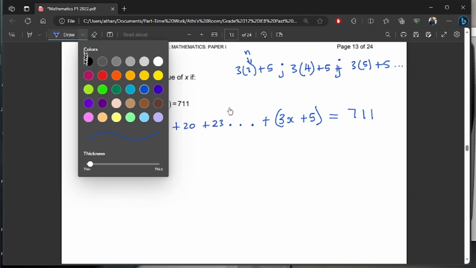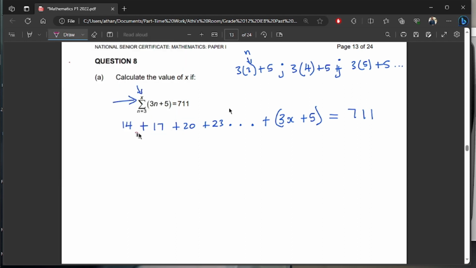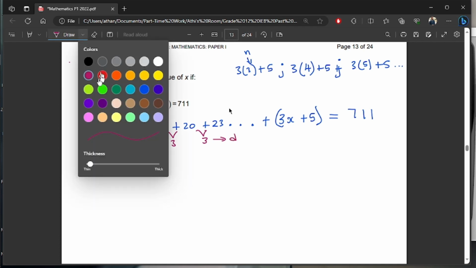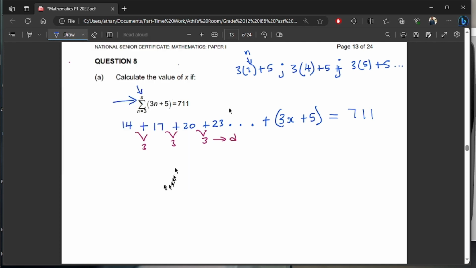Firstly, let's see the relationship between the numbers that we have. If you notice here, there is a constant difference. 17 minus 14 is 3, 20 minus 17 is 3, 23 minus 20 is 3. So there is a constant difference of 3. We can see that this is a linear series, or an arithmetic series.